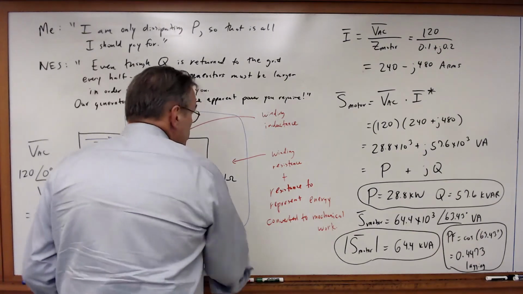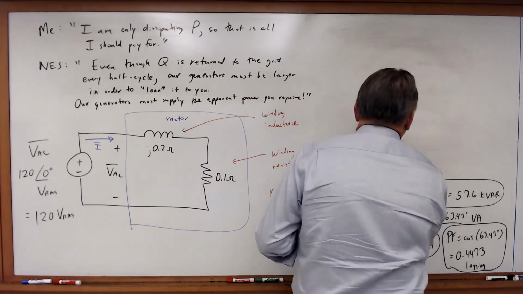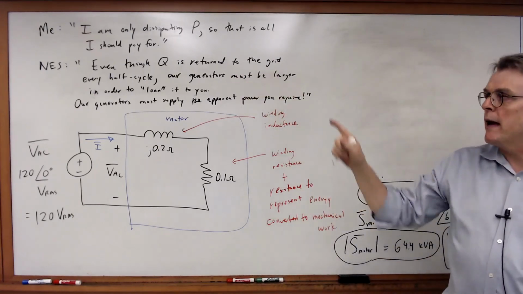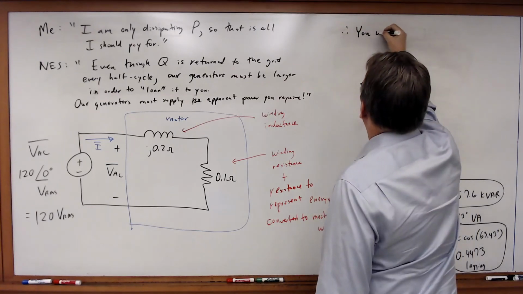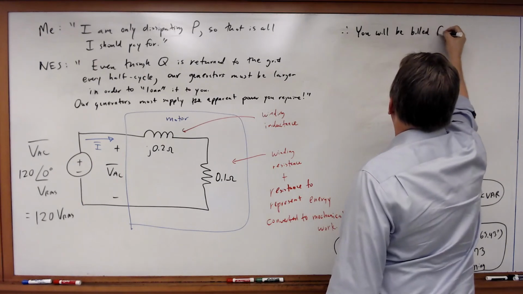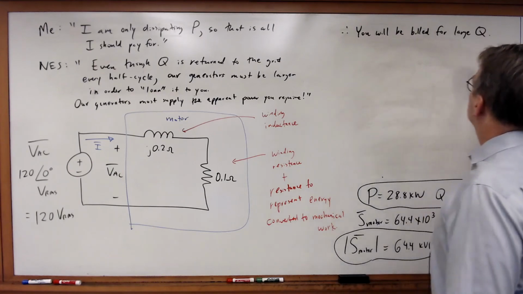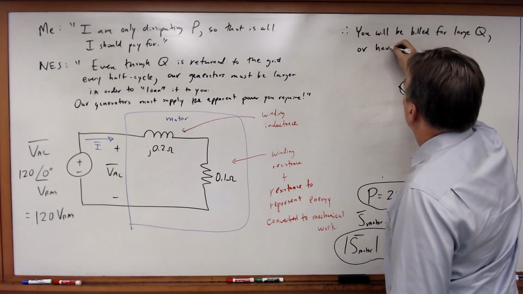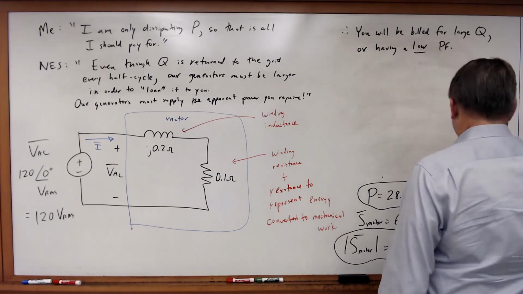So here is the power company's point of view. You are therefore going to be billed for excess reactive power. You're going to be billed for having a large value of Q. Or another way to look at it, having a low power factor.